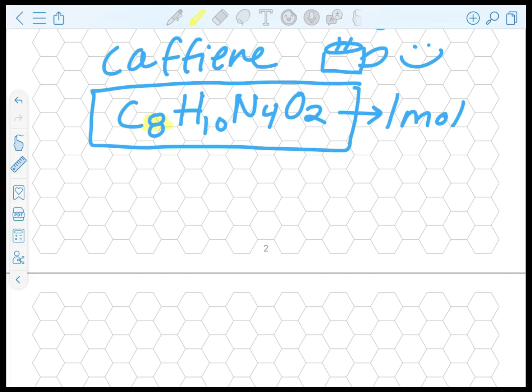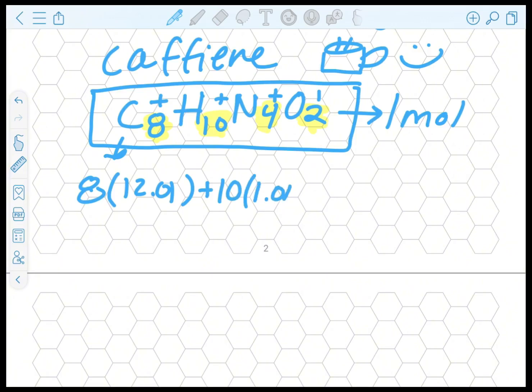We're just going to have to multiply the AMUs of each element by the ratio, and then we're going to add them together. So we have 8 carbons. So it's going to be 8 times the atomic mass unit of carbon, which is 12.01, plus 10 hydrogens, and we're going to multiply that by the AMUs of hydrogen, which is 1.01.